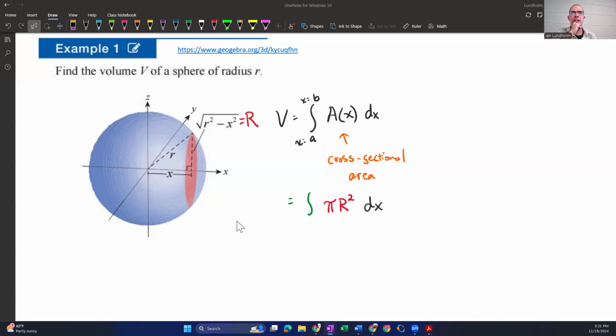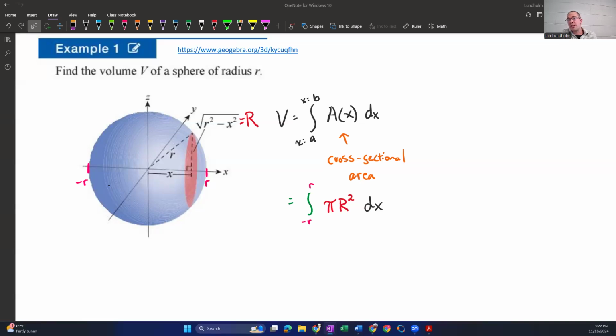And how could we tell how far we're going from the left to the right? Well, since this is a sphere of radius r, we would be all the way out here at negative r on one end, and we would be all the way to positive r on the other end as far as the x-axis goes. And so negative r up to r could be something that's useful.